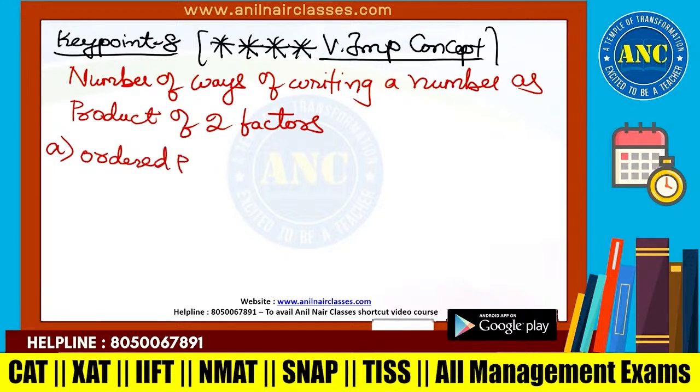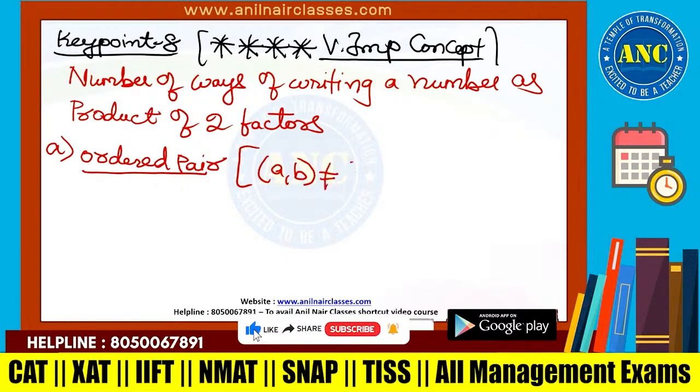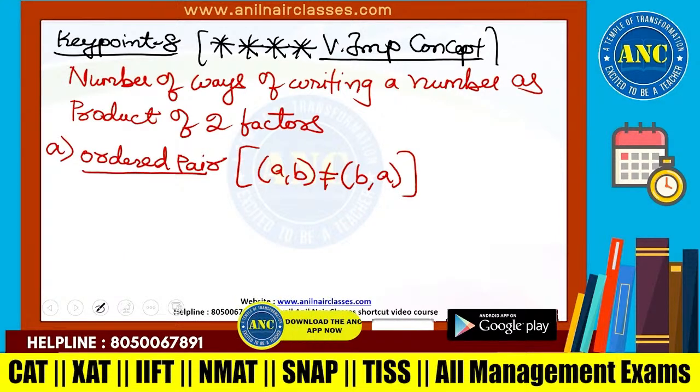Write it as it is, sir. What do you mean by ordered pair? A comma B and B comma A both are different.